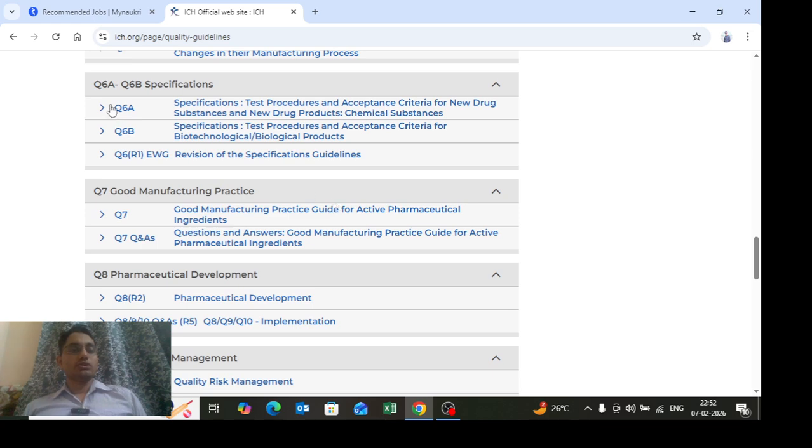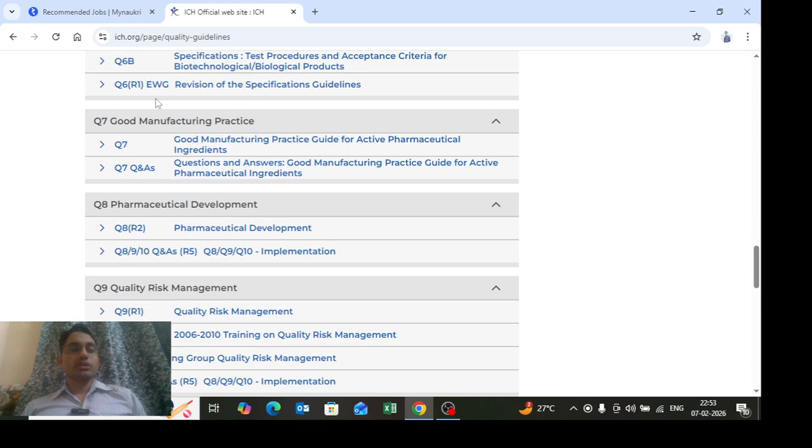Then Q6A and Q6B, specifications. This Q6 guideline is applicable to specifications of drug substances, and it mainly consists of Q6A, which is specifications, test procedures and acceptance criteria for new drug substances and new drug products, chemical substances. Q6B, specifications, test procedures and acceptance criteria for biotechnological and biological products.